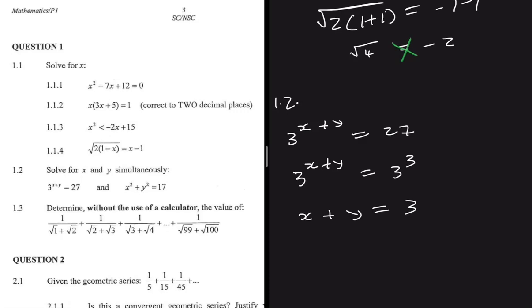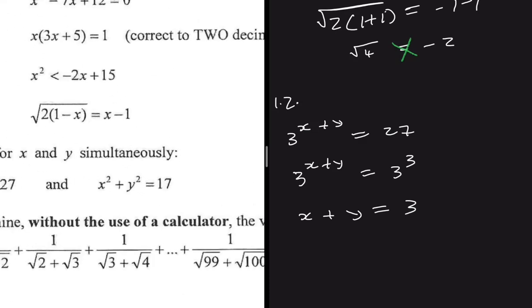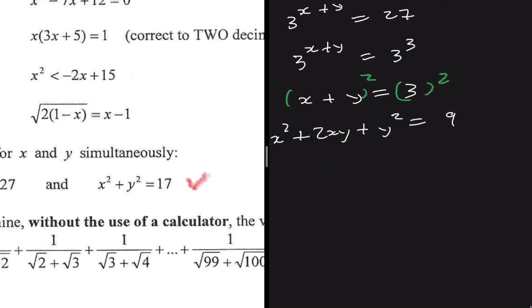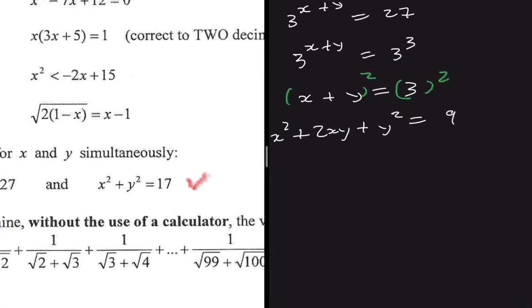So what can we do? We're told that x squared plus y squared equals 17. Let's try squaring both sides and see what we're going to end up with. If we square both sides, we're going to have x squared plus 2xy plus y squared equals 9. Right. And then we can have x squared plus y squared plus 2xy equals 9.